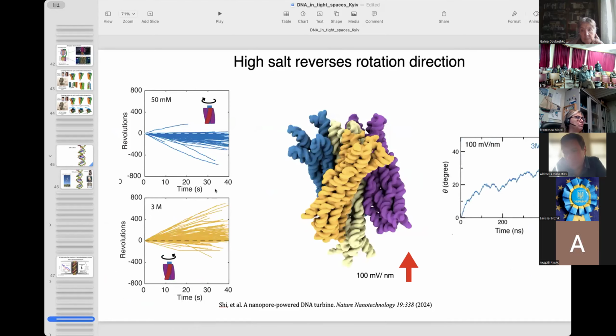But experimentally, we found that if we repeat this DNA turbine at different salt, it spins the other way. That was a total shock, and it took 2 years for us to figure out why. The nice thing is that if we repeat simulations at higher salt, we also see it spinning the other way, right? So it's amazing that it works.